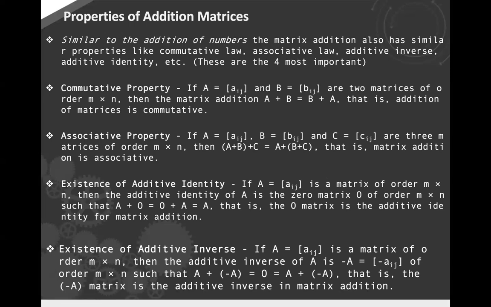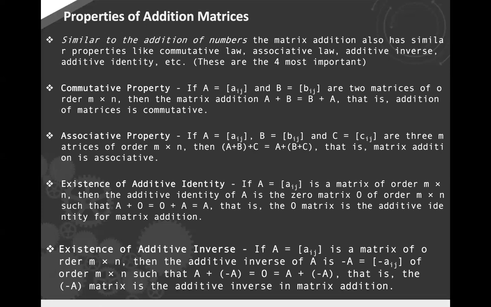In the identity property, if A equals A1 is a matrix of order m times n, then the additive identity of A is 0 of order m times n, such that A plus 0 equals 0 plus A equals A. That is, the 0 matrix is the identity of matrix addition.